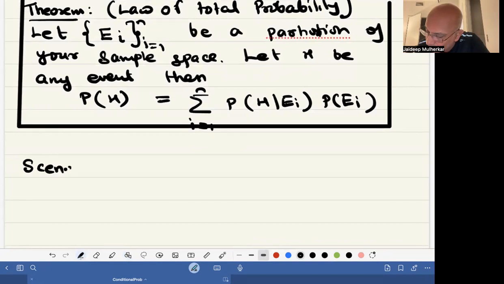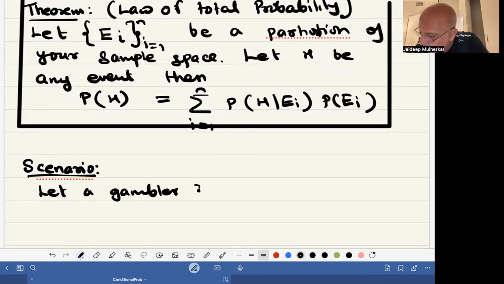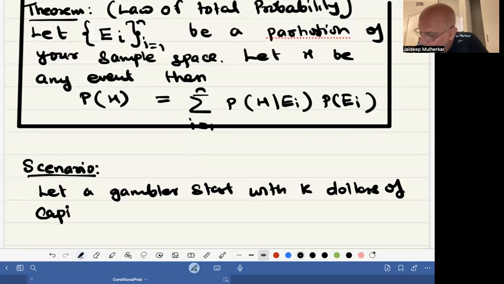The scenario is the following. It's called the gambler's ruin problem. So let a gambler start with K dollars of capital. And a coin is tossed. So the game is the following. A coin is tossed.